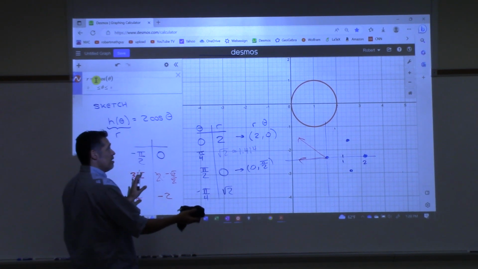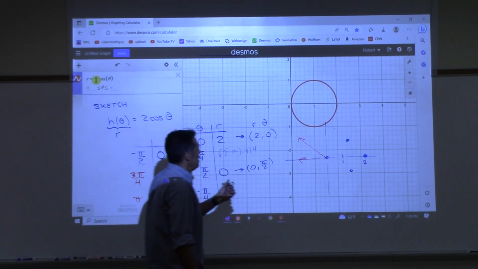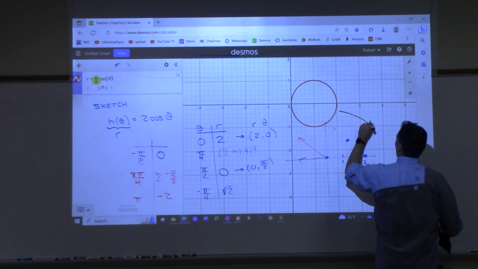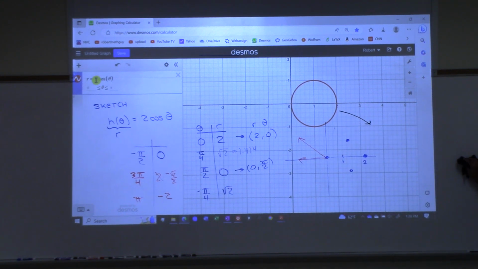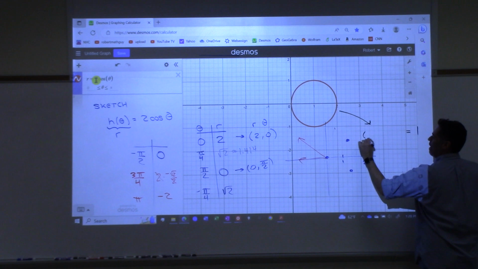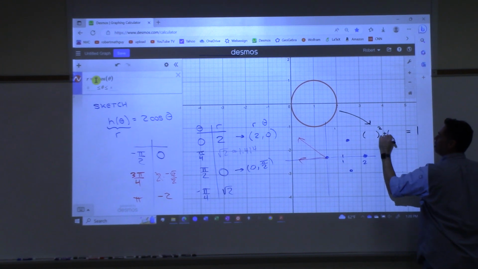While we're here and I've got this on the board, can somebody give me the equation of that circle in Cartesian? There's the equation of the circle in polar. What's the radius of that circle? 1, so it's equal to 1, right? And then you have something squared plus something squared.